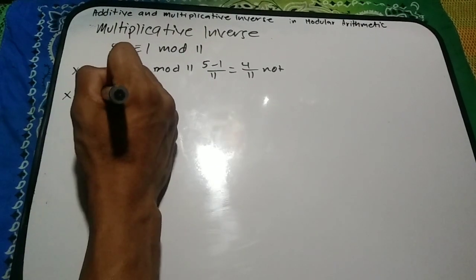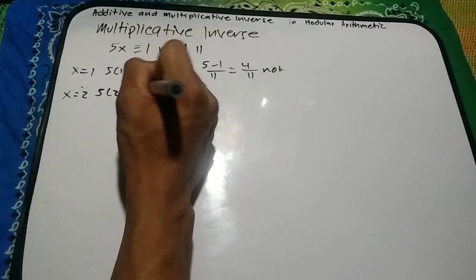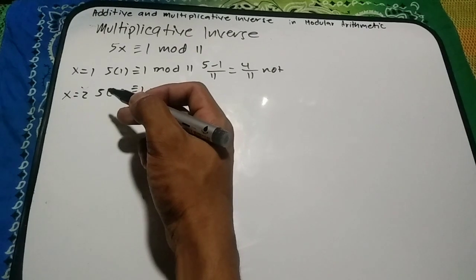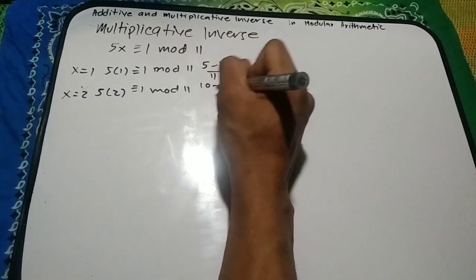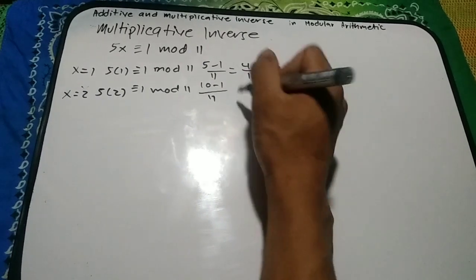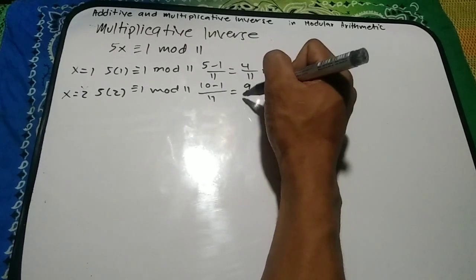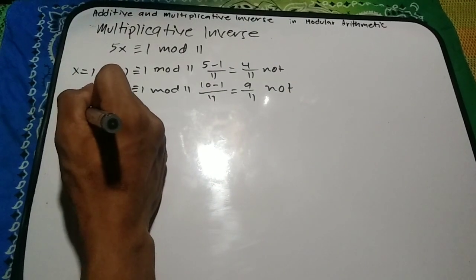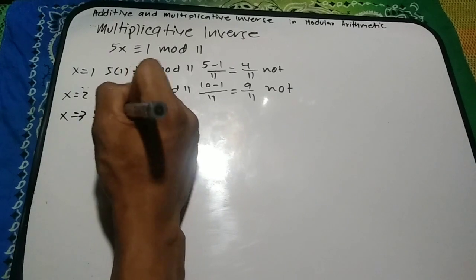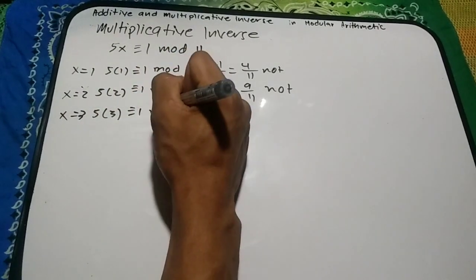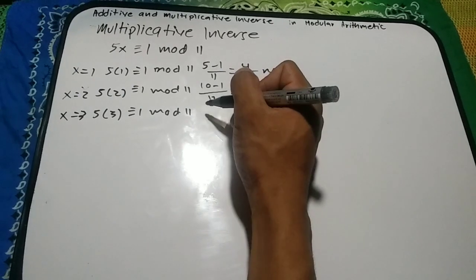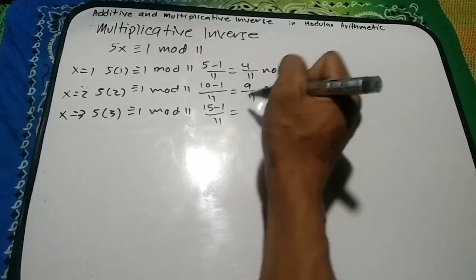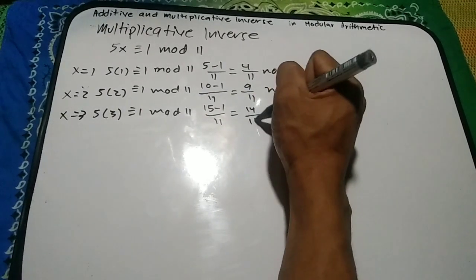If x is equal to 2, 5 times 2 is 10, minus 1 over 11 is 9 over 11, so not a solution also. If x is equal to 3, 5 times 3 is 15, minus 1 over 11 is 14 over 11.